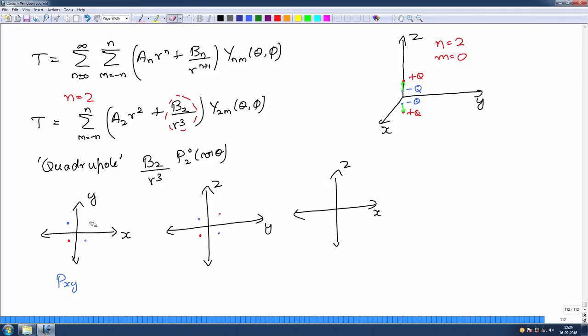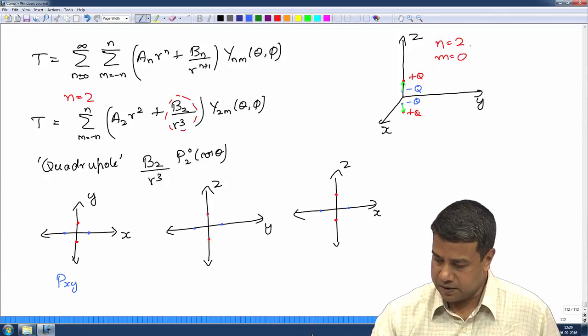I am sorry, I made a mistake here. So, this is one solution for m is equal to 0.